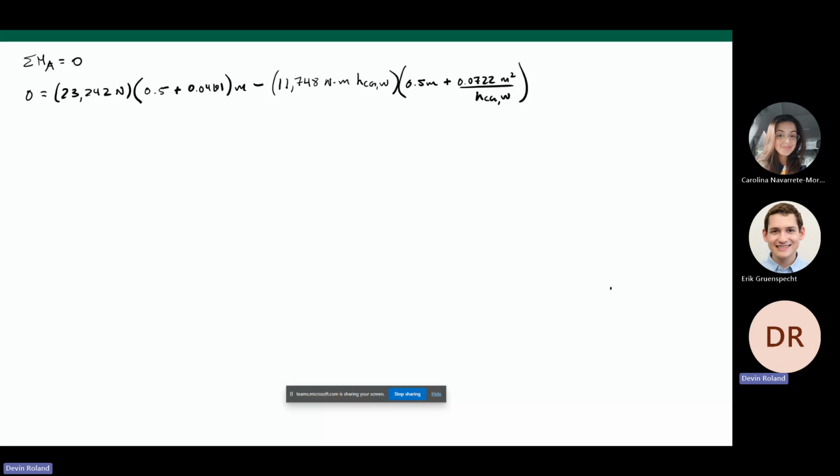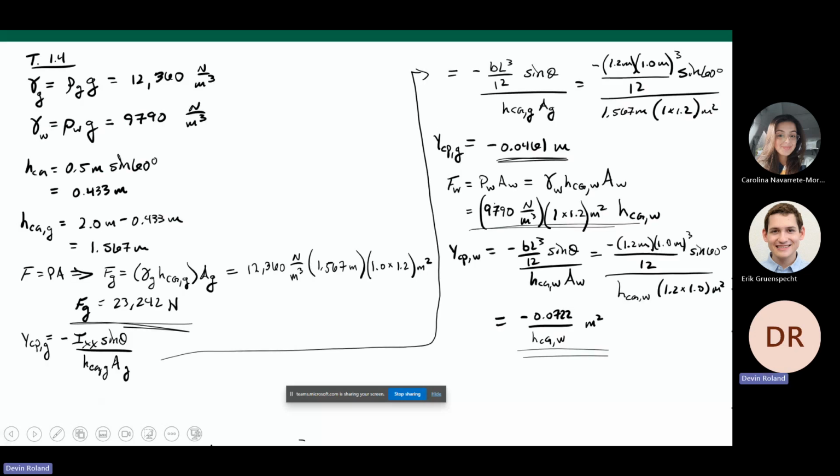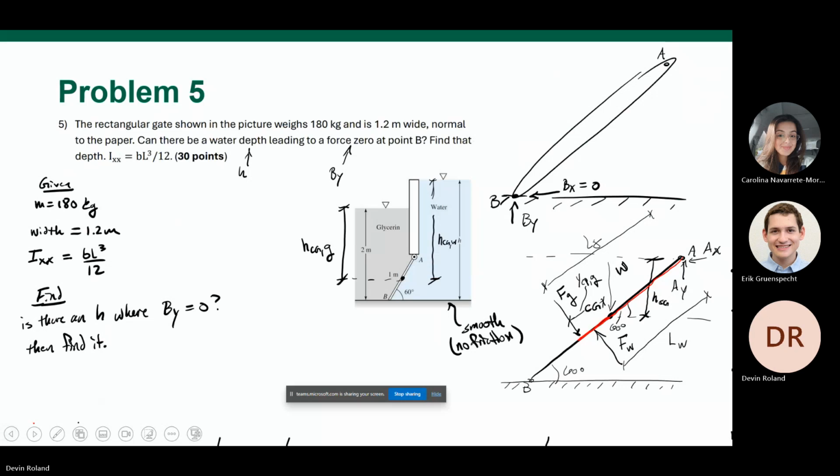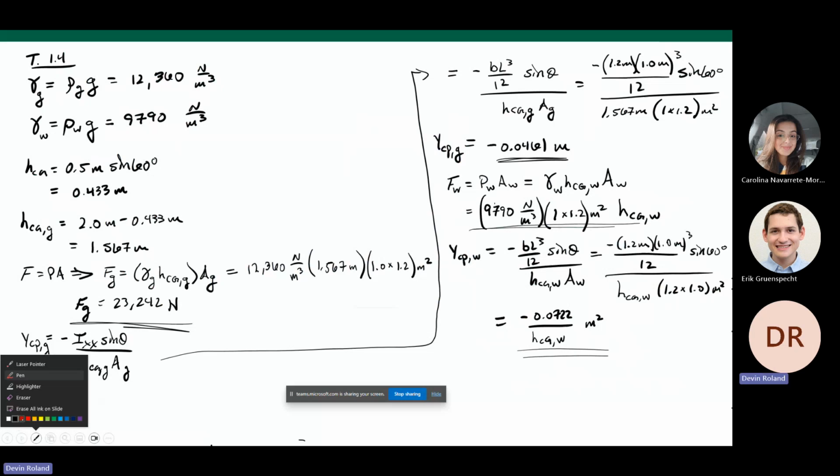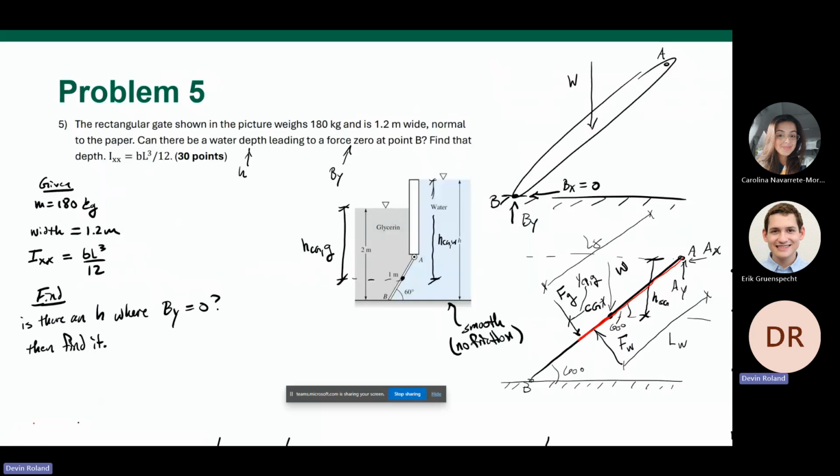Okay, and then we're going to add on to that the effect of our weight. The weight term here: if our weight is acting on this bar at the center of gravity, you could draw the weight like this, and then say there's a component in this direction and a component in this direction.